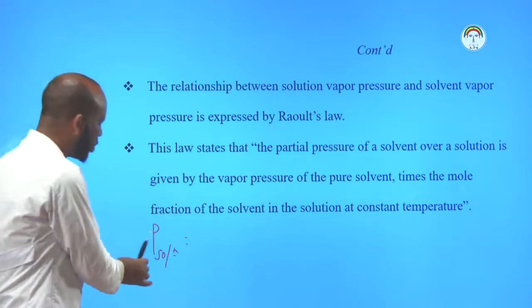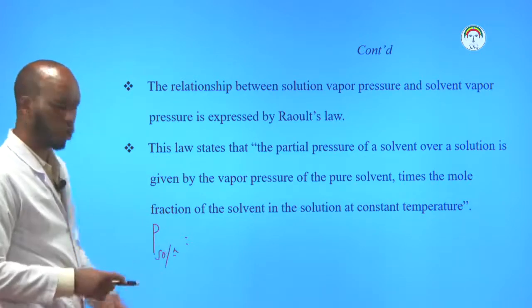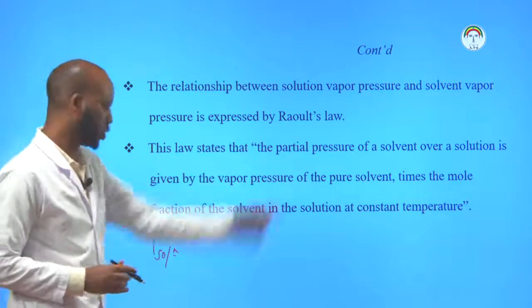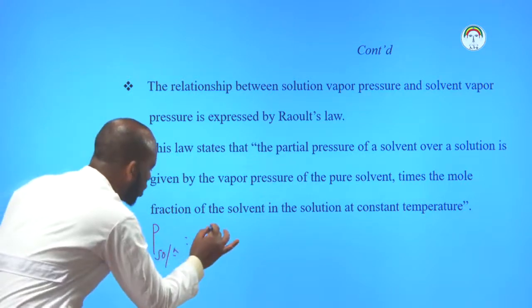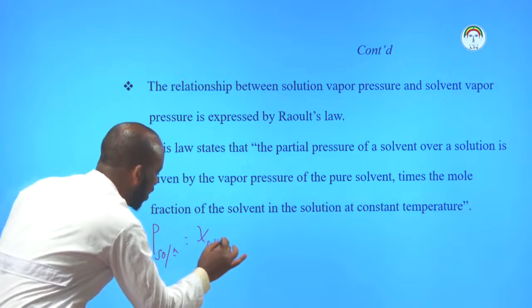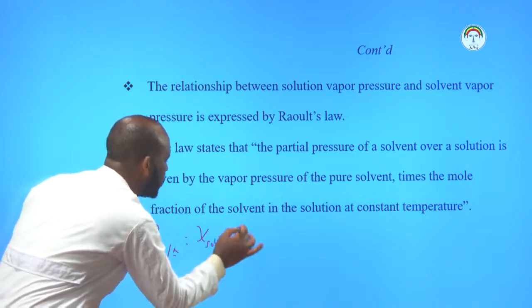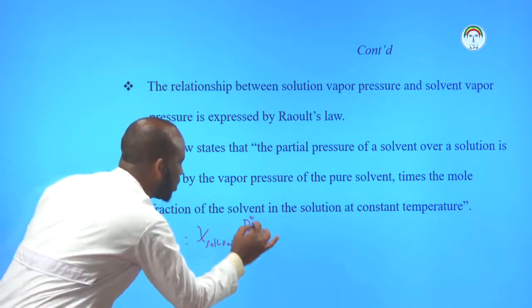Therefore, the vapor pressure of a solvent over the solution according to Raoult's law equals the mole fraction of the solvent times the vapor pressure of the pure solvent.